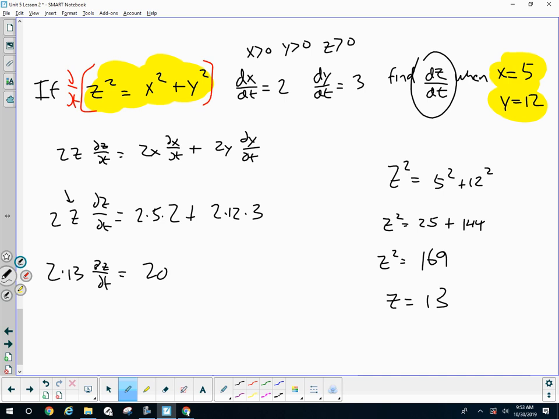This is 20, 72, this is 26, this is 82, 82 over 26. What is that? 41 over 13.